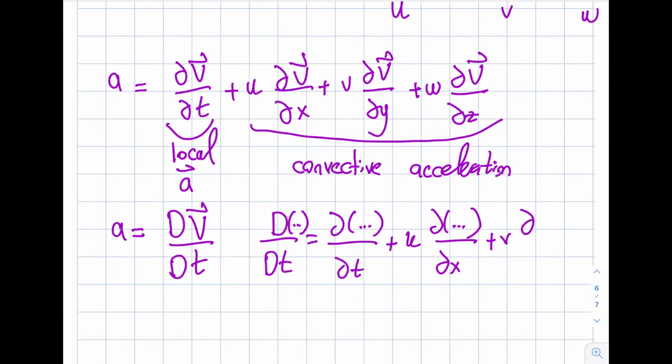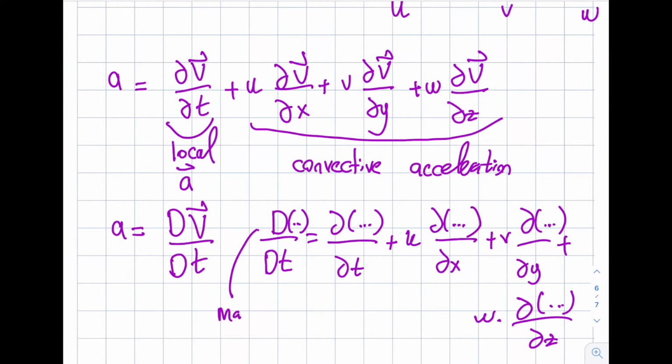Plus v times ∂/∂y plus, let's write it over here, w times ∂(whatever that is)/∂z. So you can see this is called the material derivative. Okay, so now you know the nomenclature.